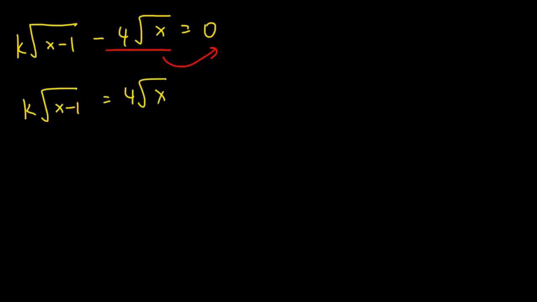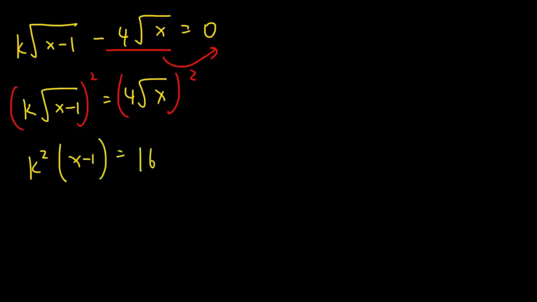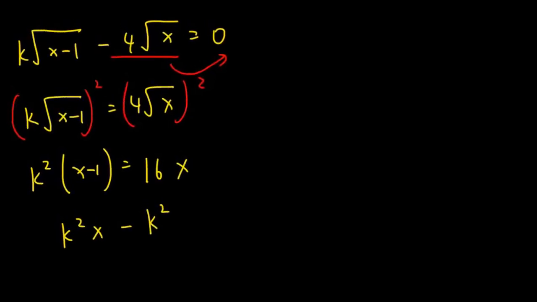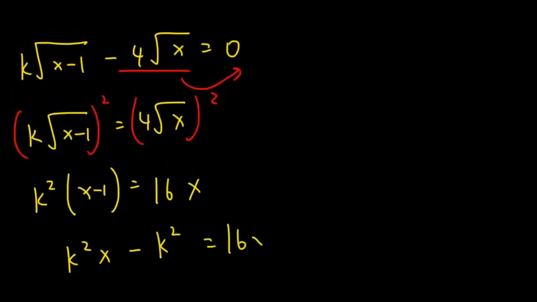So again, we square, and that would be k squared times x minus 1 is equal to 16 times x. So that would be k squared x minus k squared equals 16x.